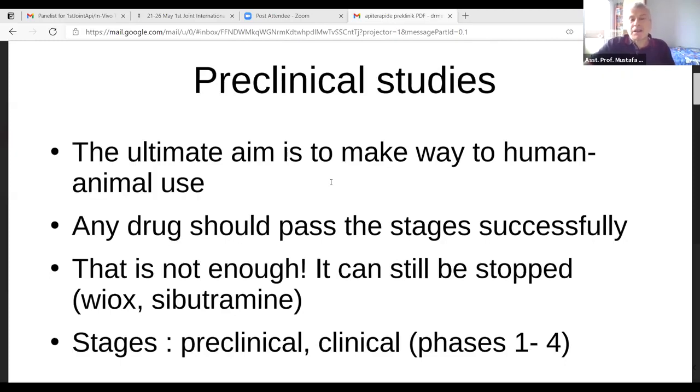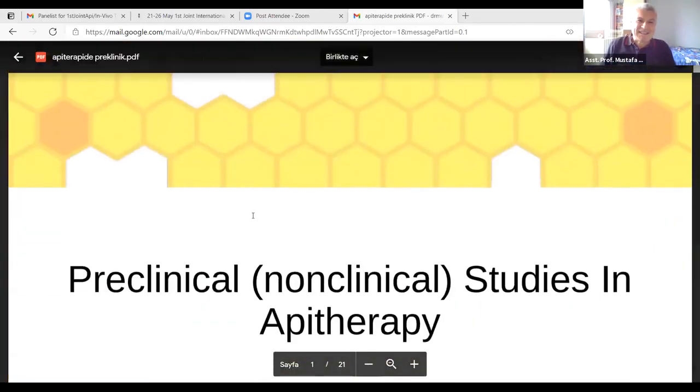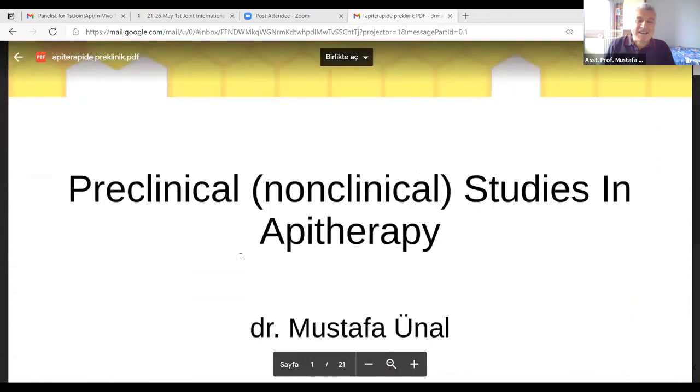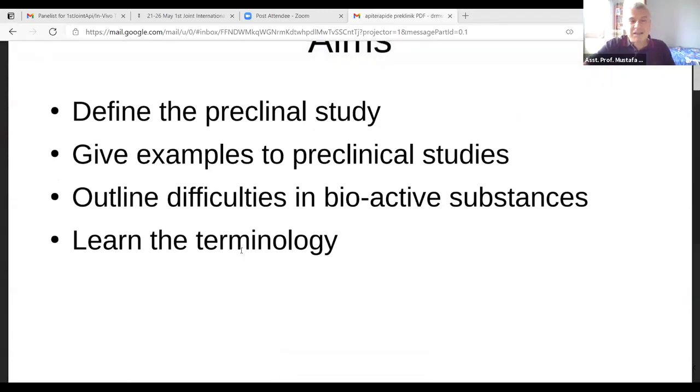Preclinical studies are essential. Why essential? First of all, let me define briefly what a preclinical study is, since most of our presenters presented preclinical studies, and obviously most of them are not on the clinical side.